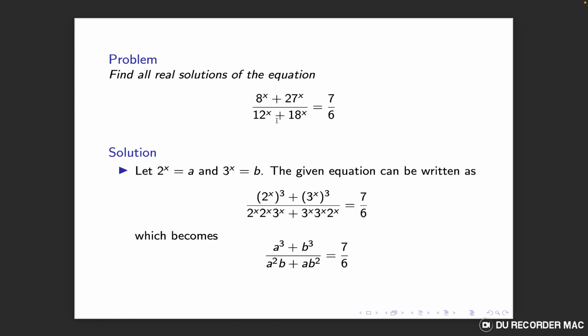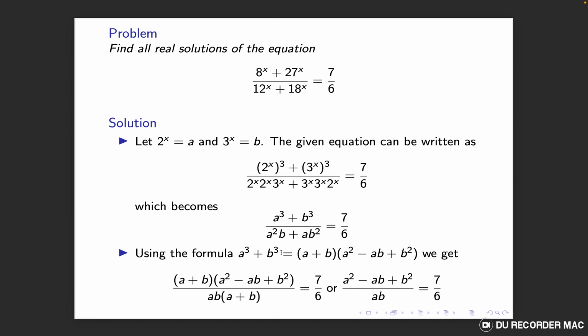We can rewrite the denominator in terms of 2 to the power x and 3 to the power x. So this equation with the substitutions a and b becomes (a cubed plus b cubed) divided by (a squared b plus ab squared) equals 7 over 6.